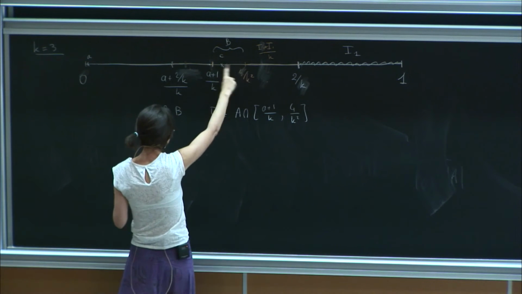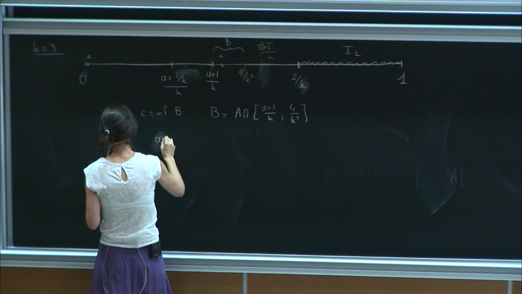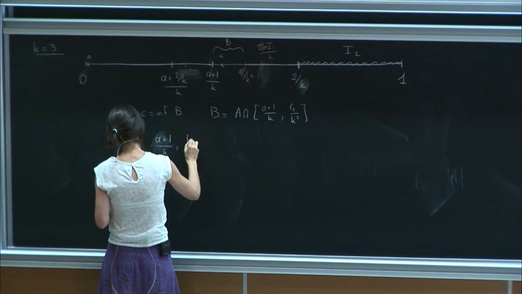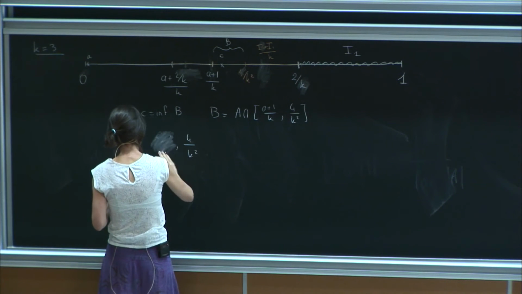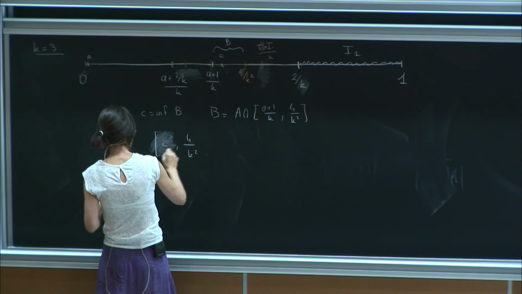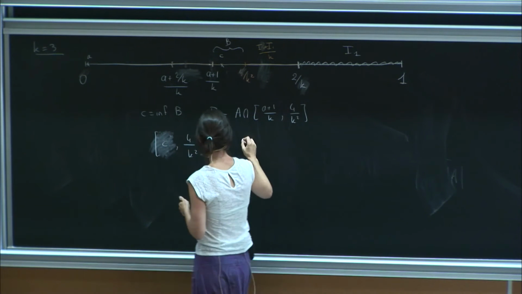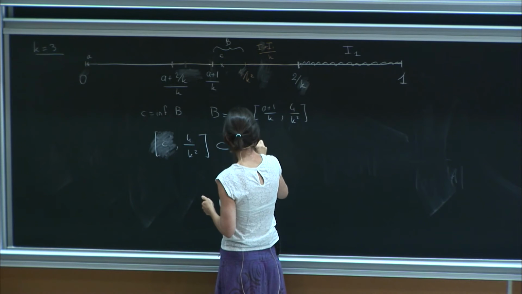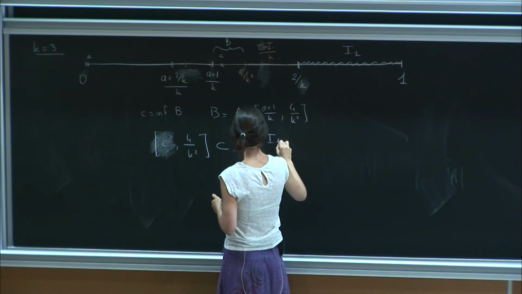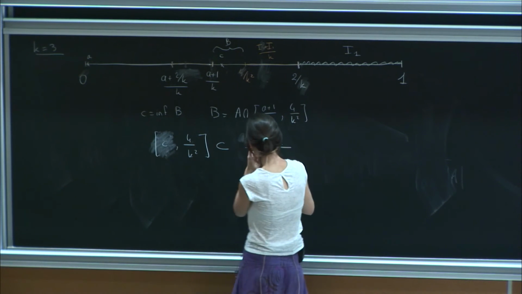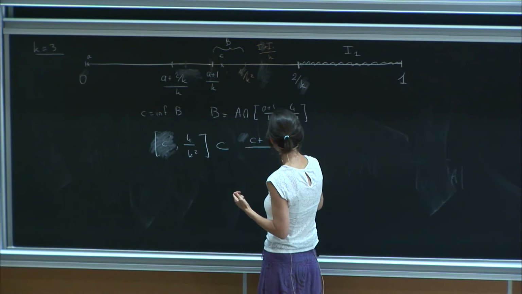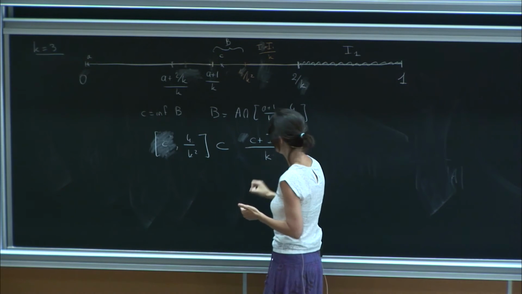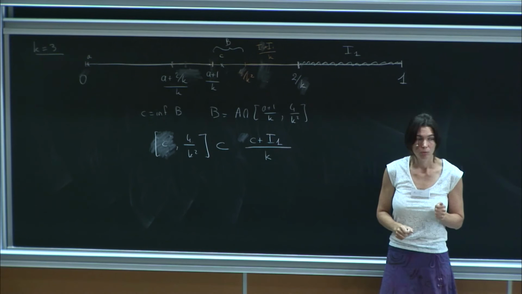Okay, we will see that this interval here, this one, is actually included in C plus I1 divided by K. Why is it so?